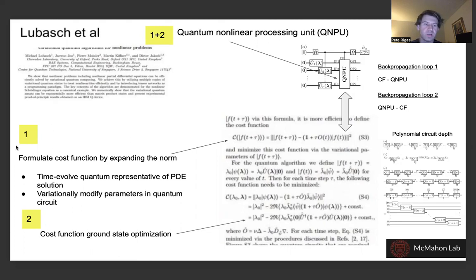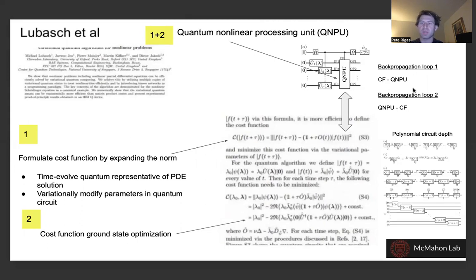And in addition to the cost function that's formed in steps 1 and 2, there are two backpropagation loops with the quantum nonlinear processing unit, which is a main feature of the quantum circuit architecture, in which states are acted upon by unitary transformations beginning from the 0 state that are given into input ports in the quantum nonlinear processing unit.